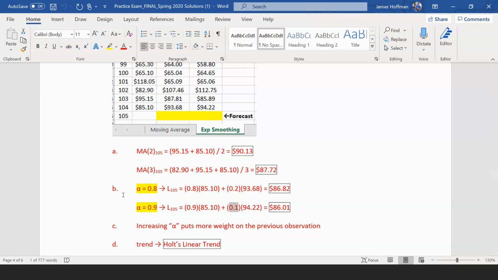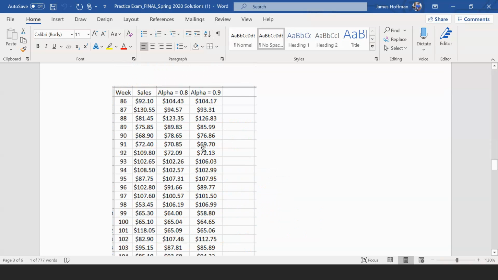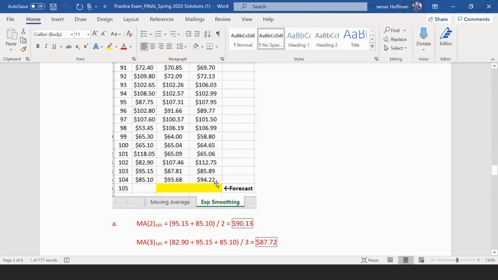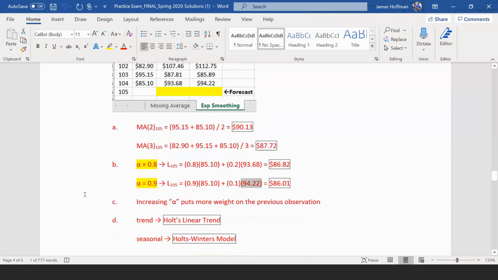That's times the last forecast in this process, which is 94.22. And this comes out to 86.01.